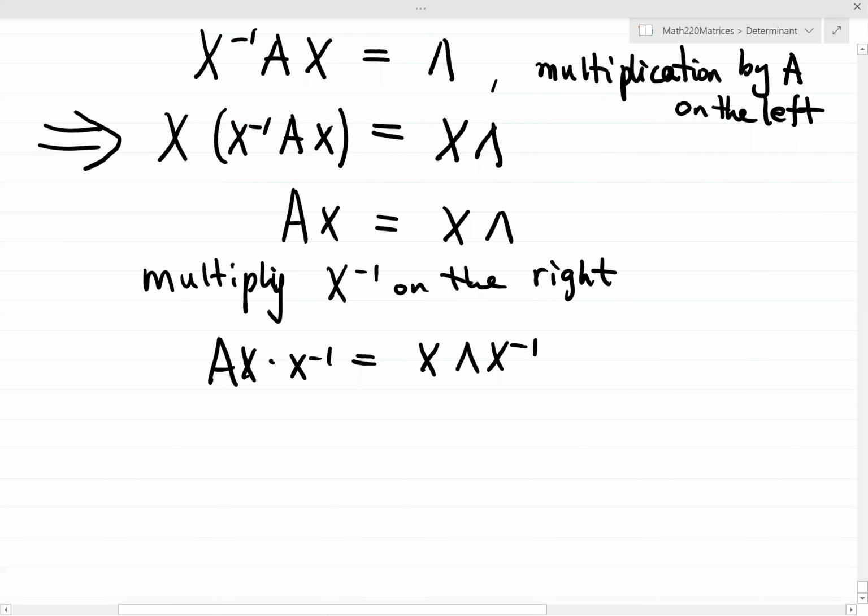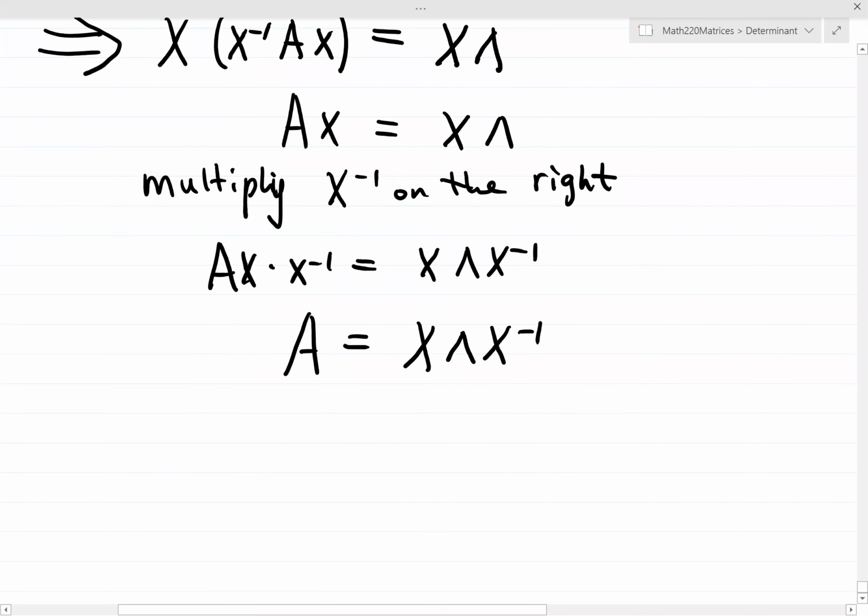X times X inverse is identity, so we get A equal to X gamma X inverse. Remember X is invertible.